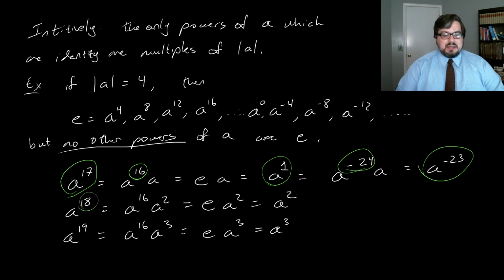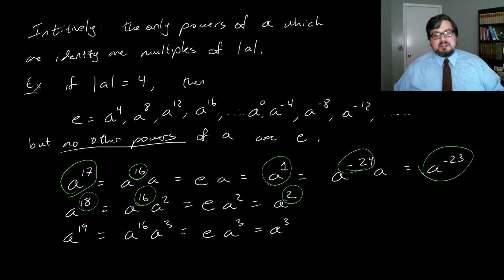Similarly, 18 and 2 have a difference of 16, which is a multiple of 4, which is right there, and so forth and so on. This type of pattern is exactly what we see every time we're dealing with a finite cyclic group. And the next corollary makes that really precise.